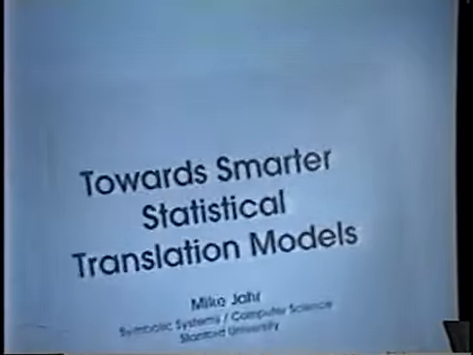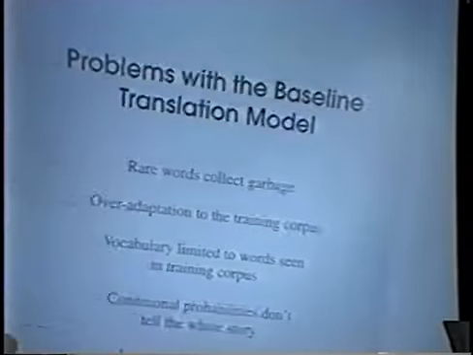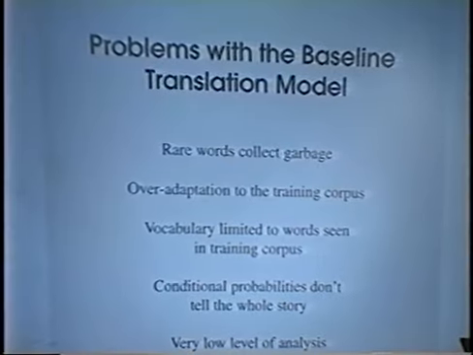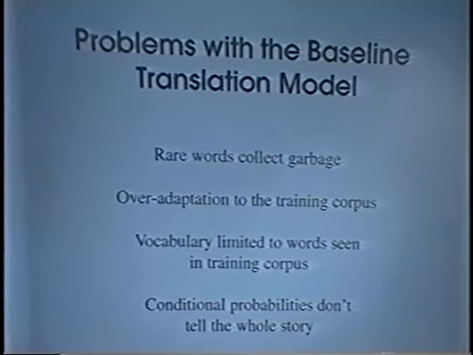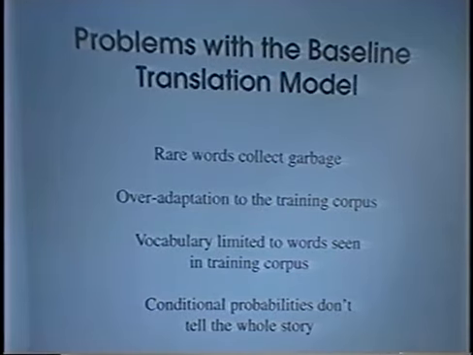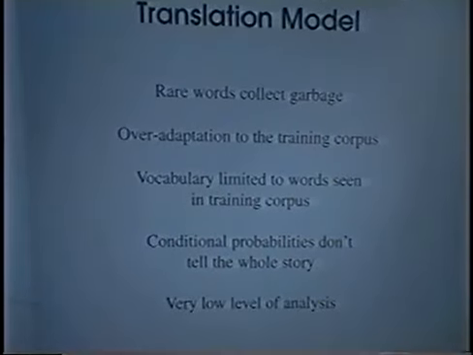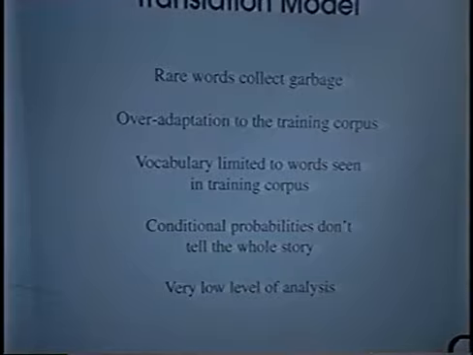So let me start off reiterating a couple of the problems with the baseline translation model. First of all, it's been mentioned before that rare words collect garbage. There's not enough co-occurrence data for words that don't occur very often in the corpus, and so they'll align to almost anything. We have noted over-adaptation to the training corpus. There's a certain point at which test perplexity begins to rise after a certain number of iterations of training.